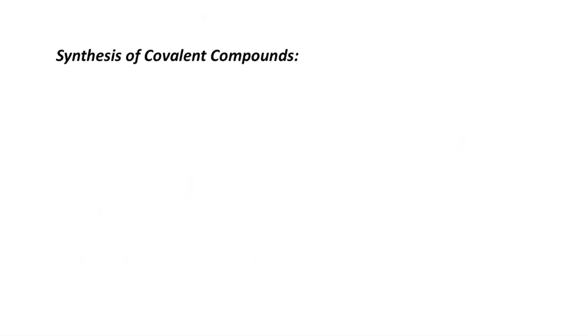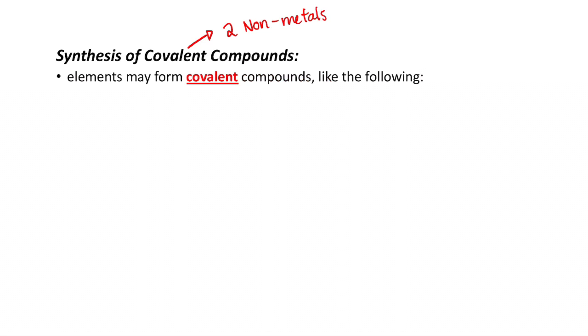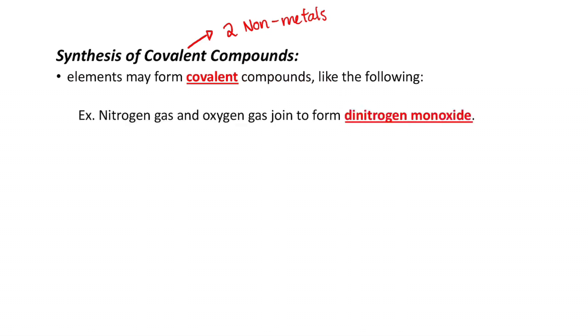Synthesis can also occur with covalent compounds, remembering that covalent is 2 non-metals. So elements may form covalent compounds like the following. So nitrogen gas and oxygen join to form dinitrogen monoxide. So formula here, N2, again part of Hoberfinkel, plus O2 produce N2O, or dinitrogen monoxide.